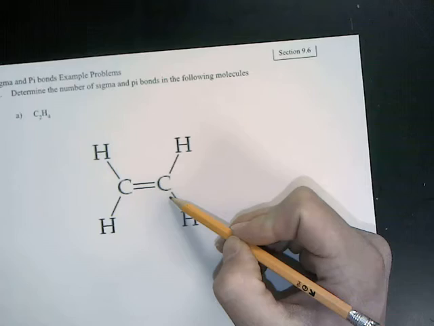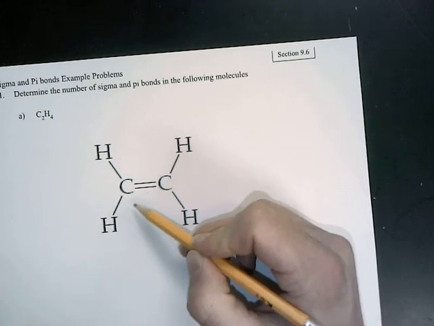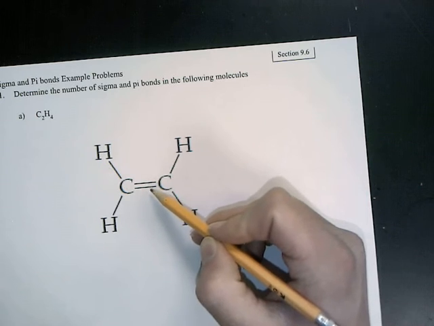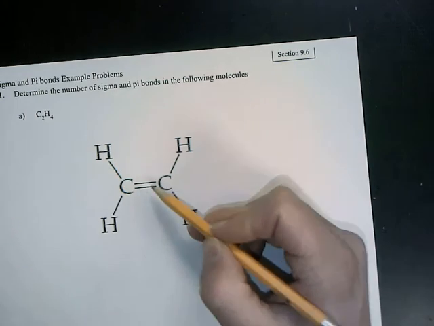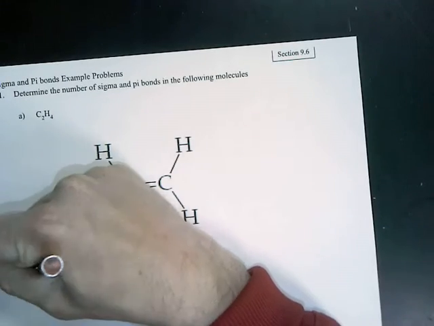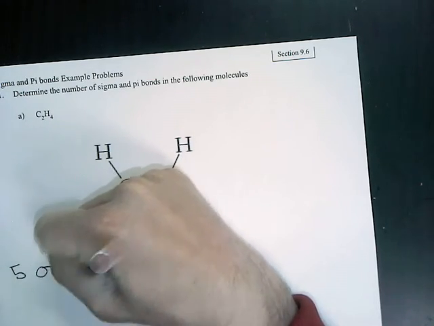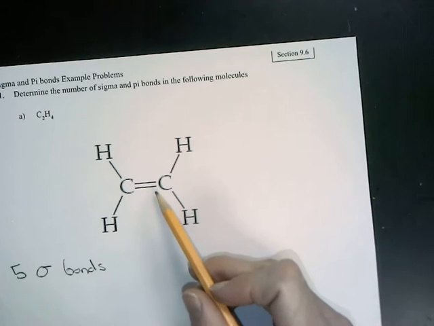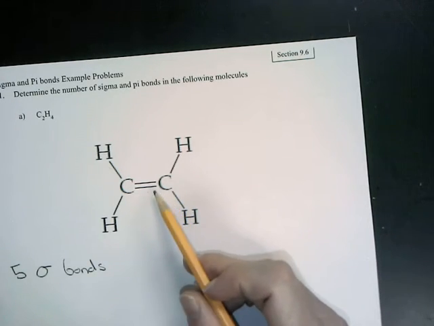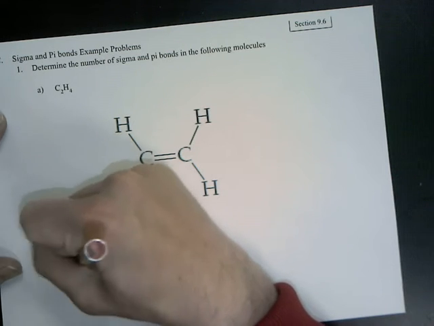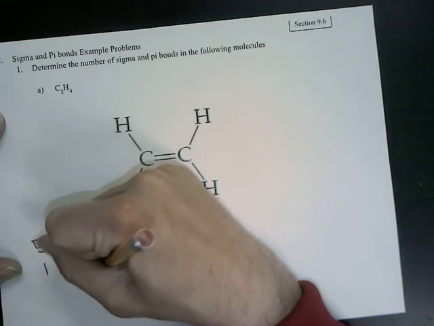Then we have 2, 3, 4. And then there's going to be, remember from our little cheat sheet, one sigma bond in a double bond. So that's a total of 5 sigma bonds. And then there is one pi bond in each and every double bond. So we can say that there is 5 sigma and 1 pi bond.